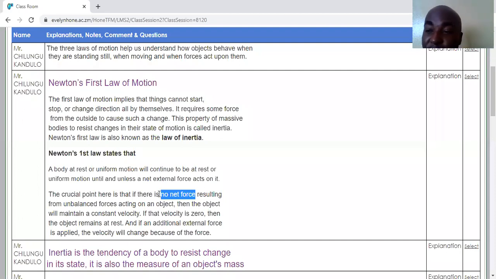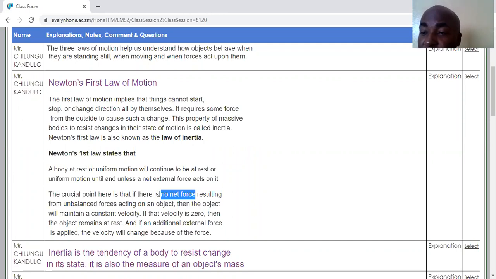So when forces are balanced, you get equilibrium. So what are the 2 equilibrium positions that we have? Either a body will be at rest, meaning it's not moving, or it will be moving at a constant speed.